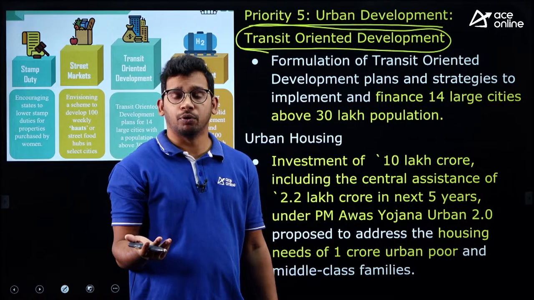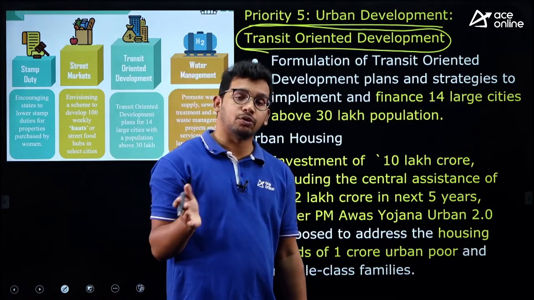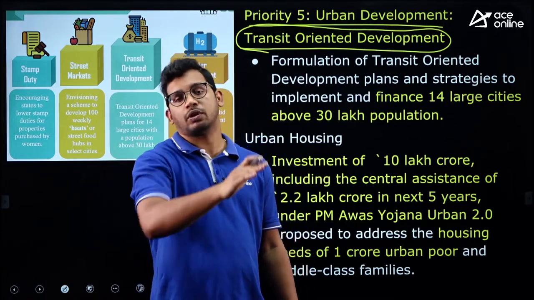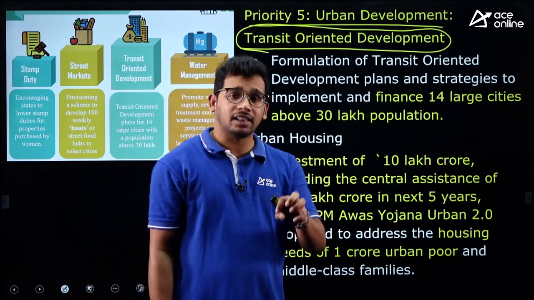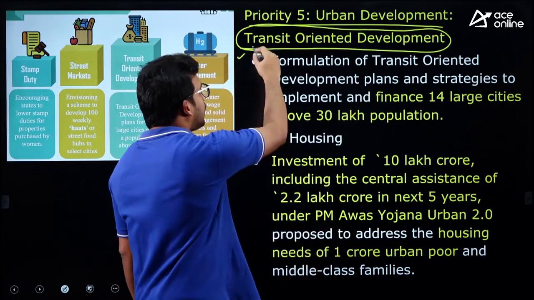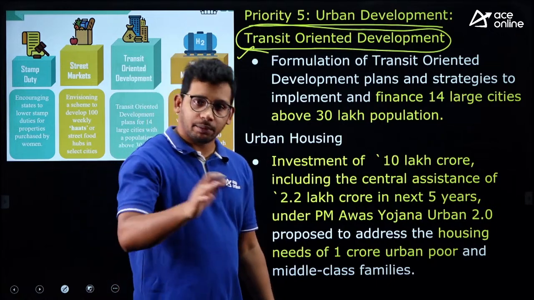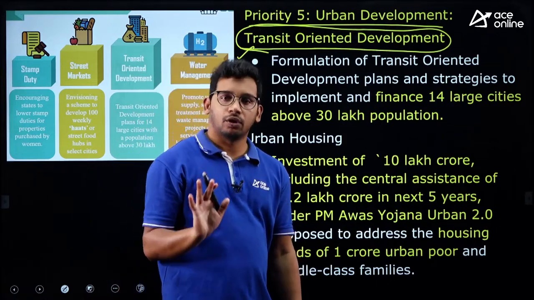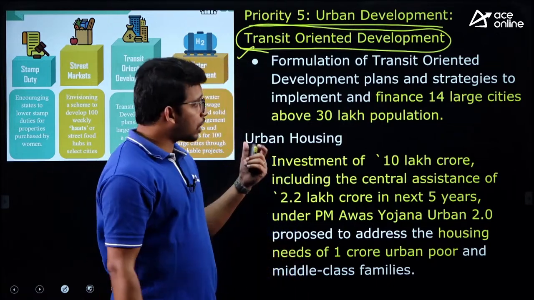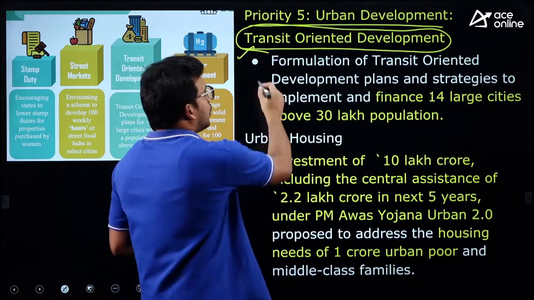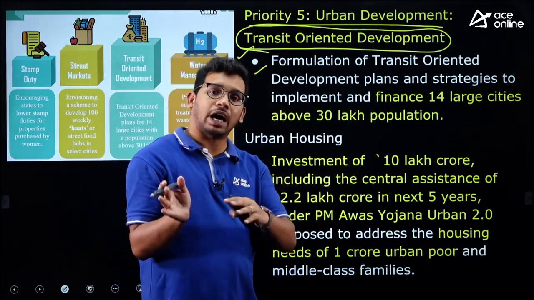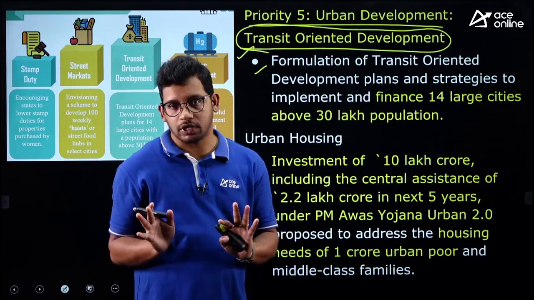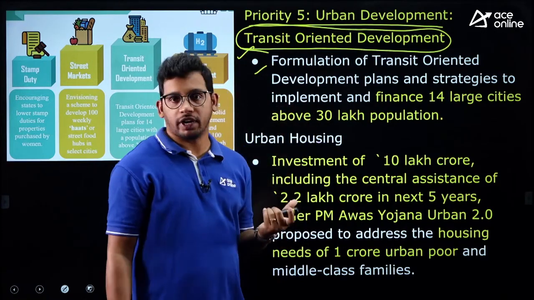It takes more than 1.5 hours to travel from one region to another because of traffic and all, right. So to tackle that situation, the government is going to integrate a lot of transport facilities like metro, road, rails, local trains, right. So they are going to develop transit oriented development, to make it easy for urban people to move from one place to another. That is called transit oriented development.